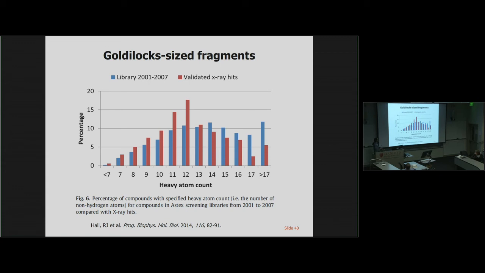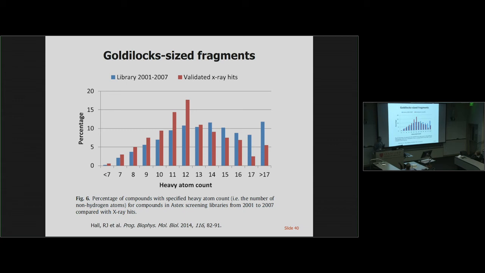So if you look at this column out here, about 12% of their screening library consisted of fragments with more than 17 heavy atoms, but only about 6% of their hits had more than 17 heavy atoms. Whereas here, about 11% of their screening library consisted of fragments with 12 atoms, but these were overrepresented among the hits.